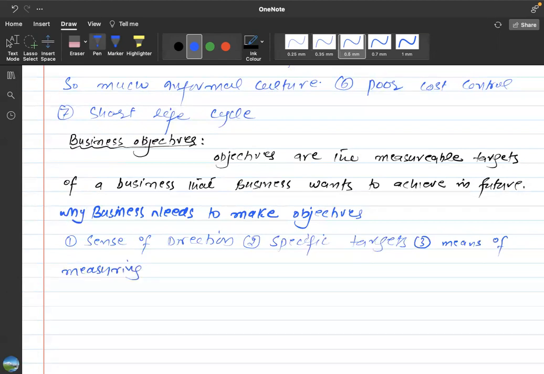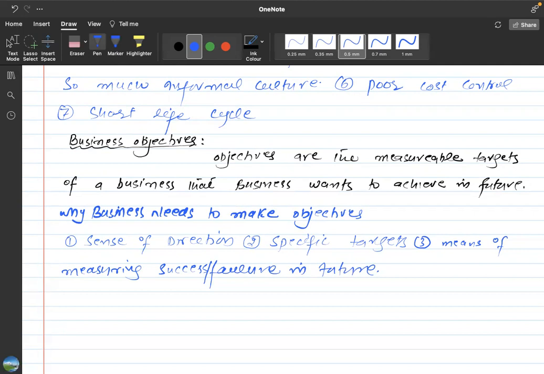The business can identify that we planned to do this, whether we are actually doing this or not, whether we have achieved that or not. So these are some of the importances of making objectives for the business.